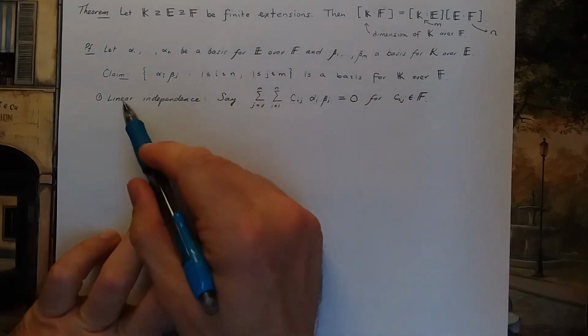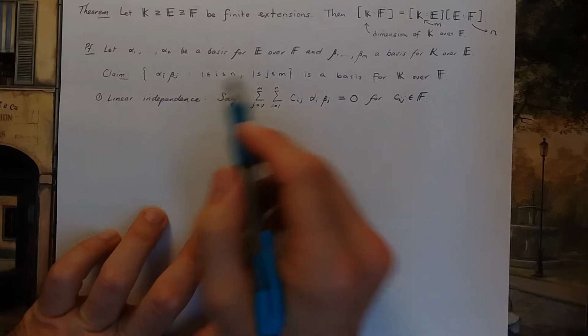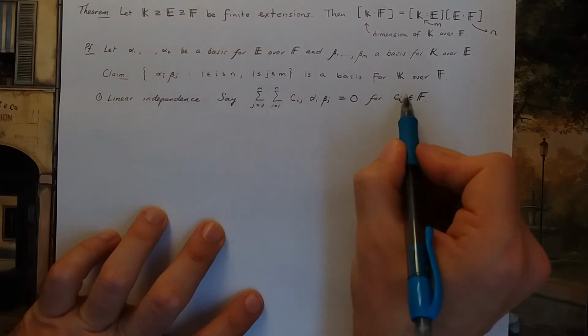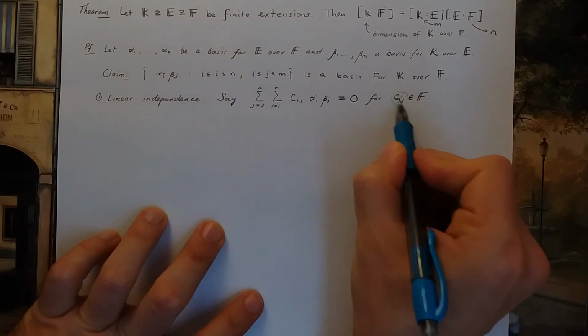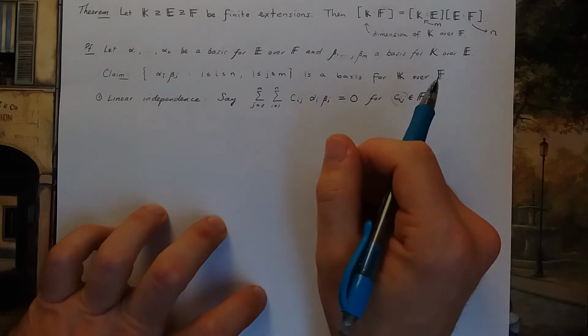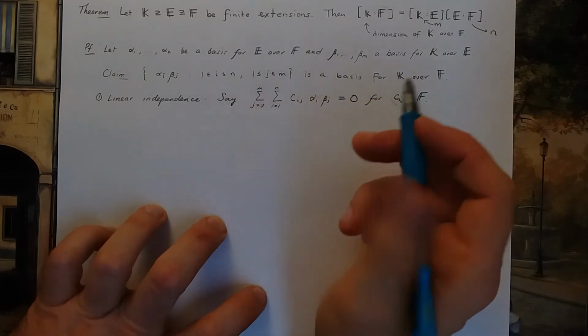I hope, if these vectors are linearly independent, that the only possibility is that all my coefficients, Cij, have to be 0. Then I have linear independence.